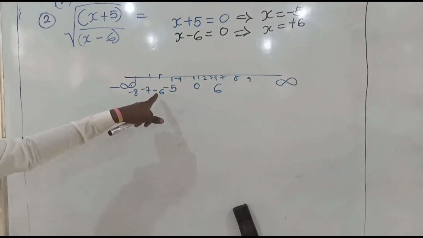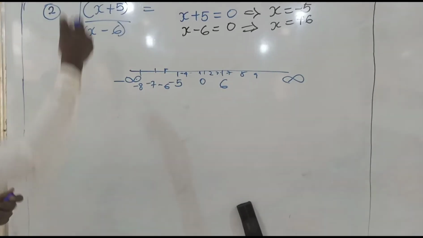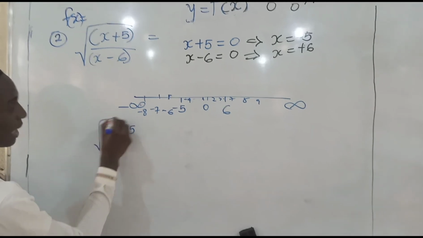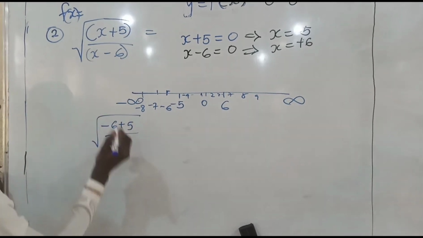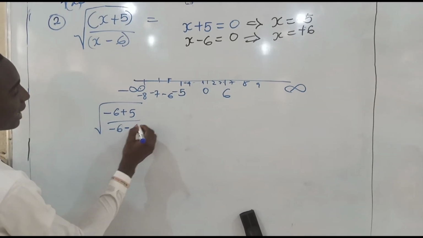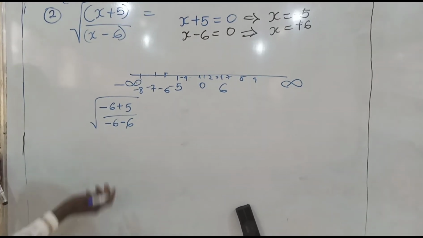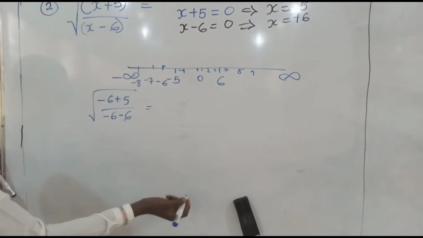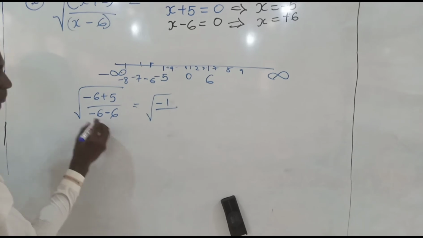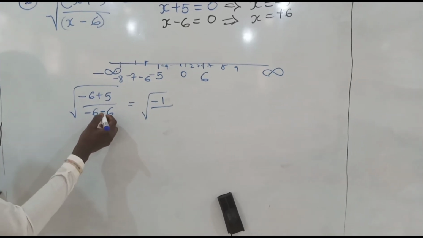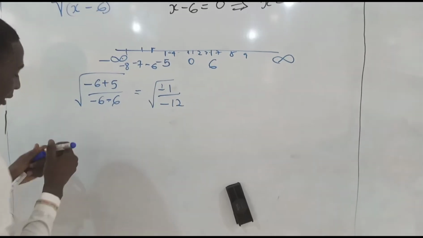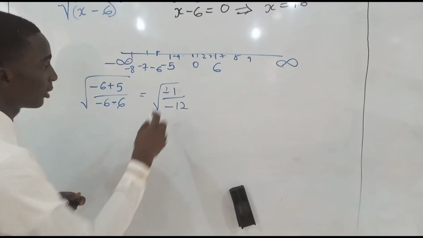Let's assume we choose negative 6 and let's apply it. So I'm having negative 6 plus 5. Remember we're having a root sign over negative 6 minus 6. Now negative 6 plus 5 is equal to negative 1, over negative 6 minus 6, which is negative 12. So the minus signs will cancel each other.